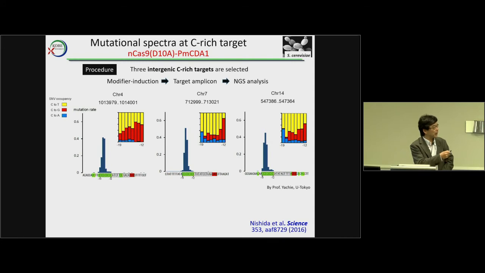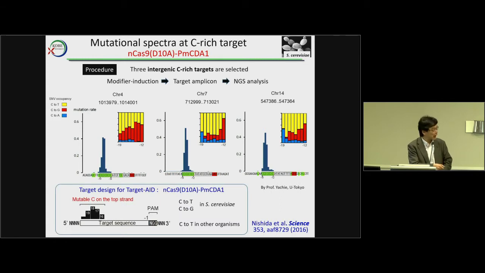In the case of the yeast cell, this is a very specific case. If you look at the change of the bases, not just the C to T shown in yellow, but also C to G and C to A, mostly C to G and C to A happened. This C to G mutation is probably caused by the BER reactions. So in this yeast case, which is very special, in addition to C to T, C to G mutation can happen.